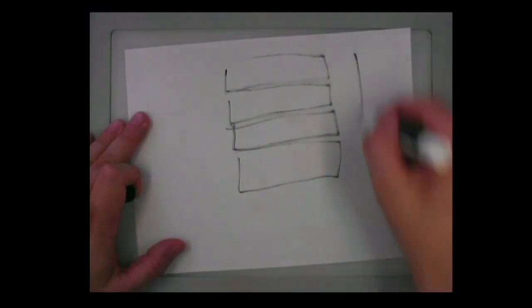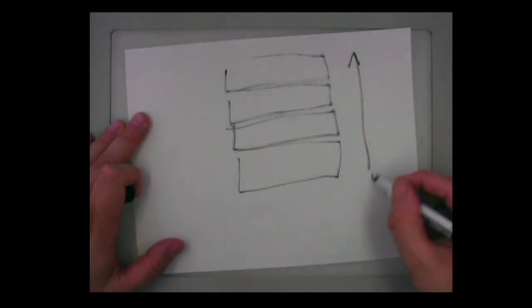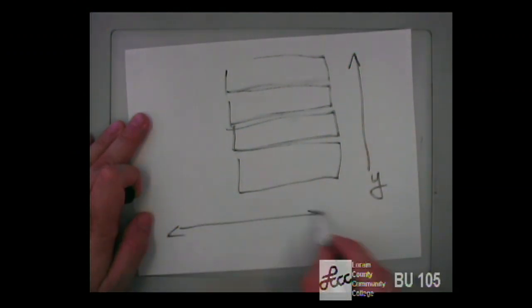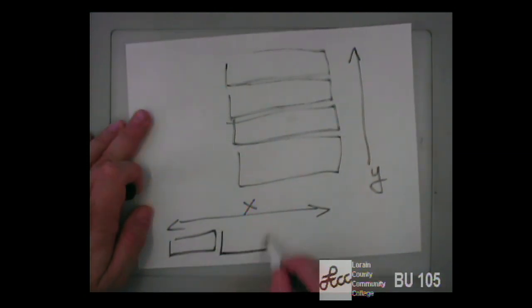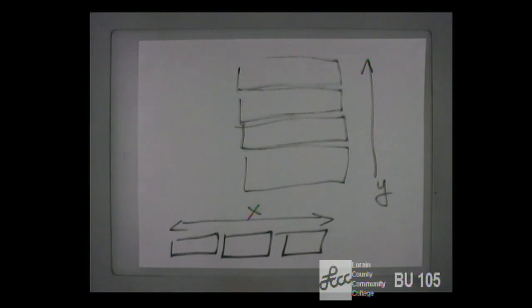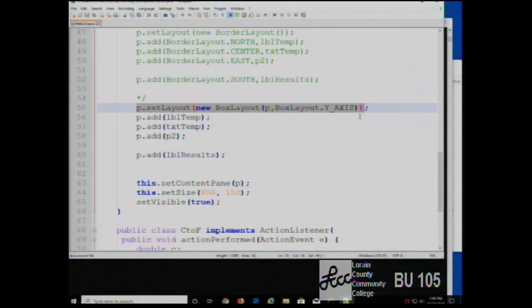It can be stacked vertically, along the y-axis, or horizontally, along the x-axis. In this case, I set P as having a new box layout along the y-axis.